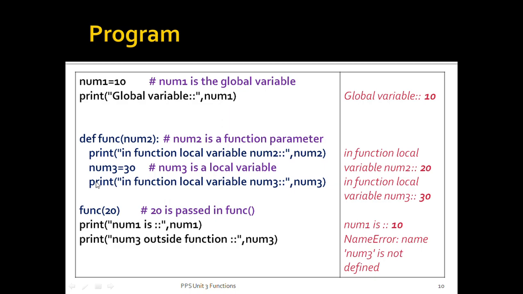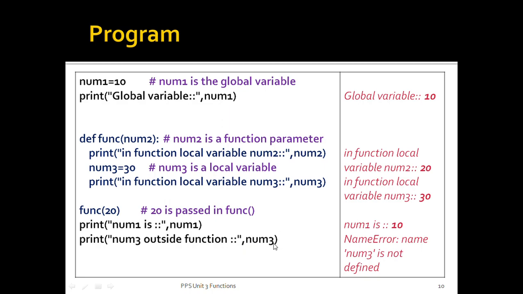Now the program is executed properly. Then we'll go to the next step, that is num1 printing. As we can see, this will take place as num1 is a global variable. Now the next step, printing of num3. Is it possible to print num3, and why?